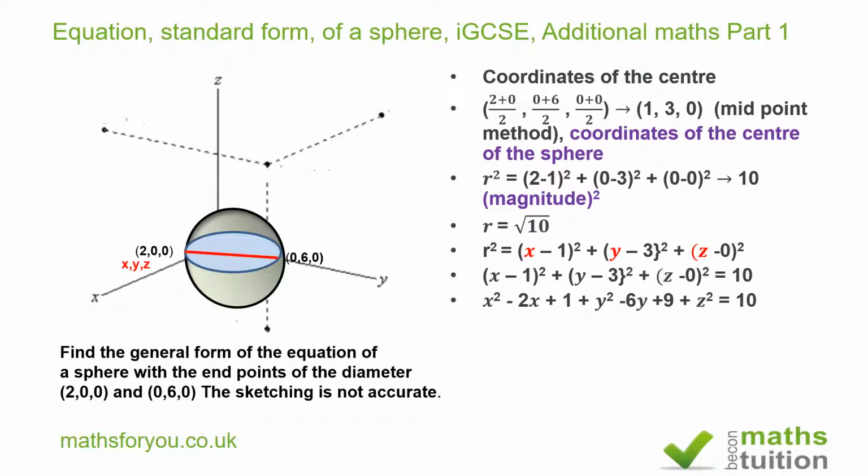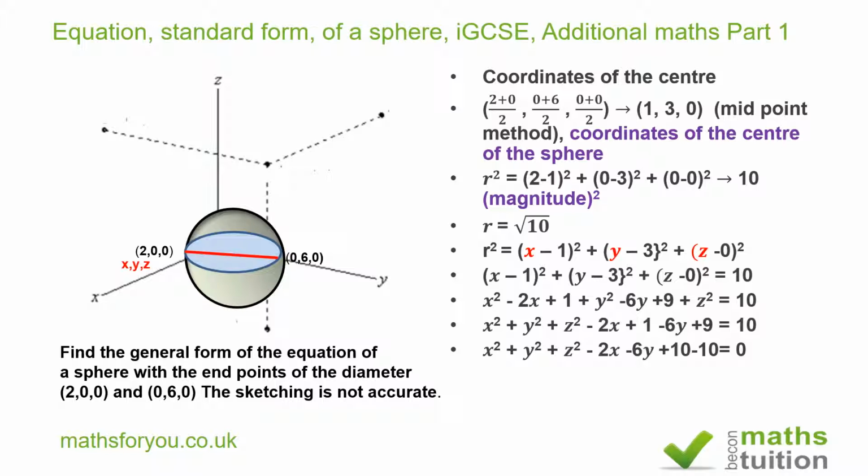Now, if we tidy up, if we bring x squared and y squared and z squared together, we end up with x squared plus y squared plus z squared minus 2x plus 1 minus 6y plus 9. Now 1 plus 9 will give us 10. So now we end up with x squared plus y squared plus z squared minus 2x minus 6y plus 10 equals 10.